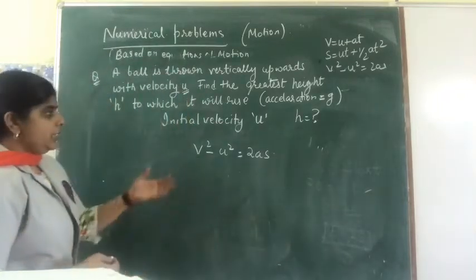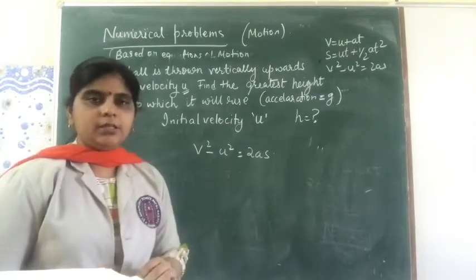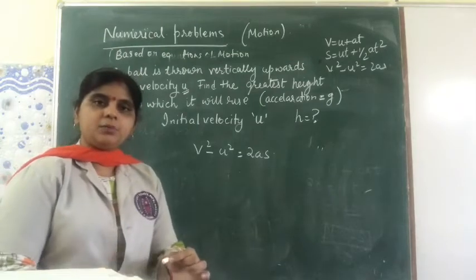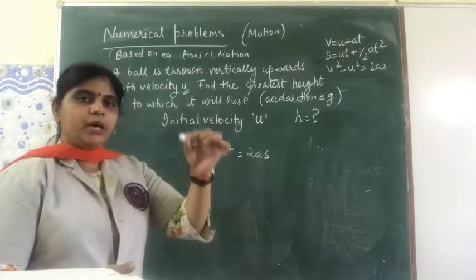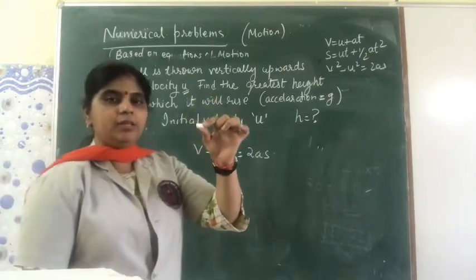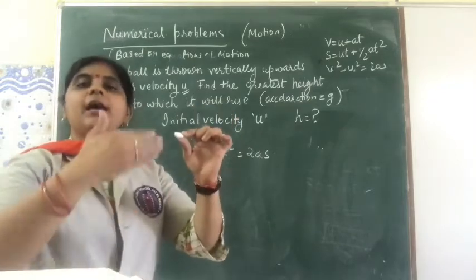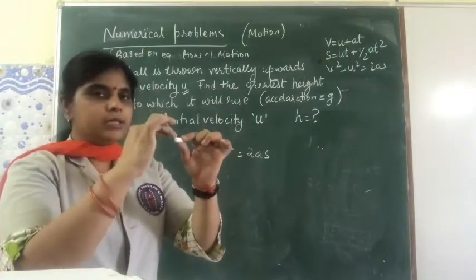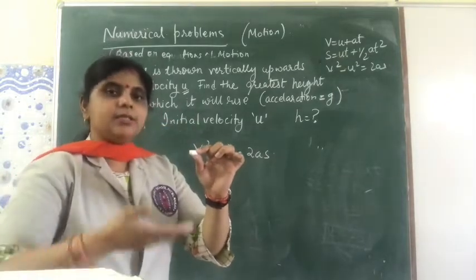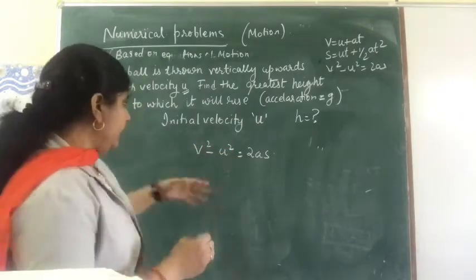So what will be the final velocity? Initially you have thrown it with speed u, it moved up and traveled a distance s, or height h. At this point the final velocity becomes 0, and as it is moving up, the acceleration will be minus g.